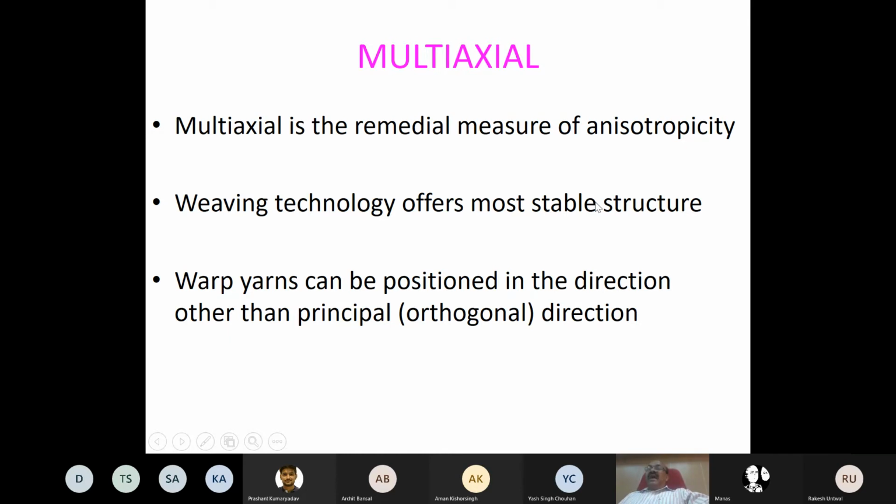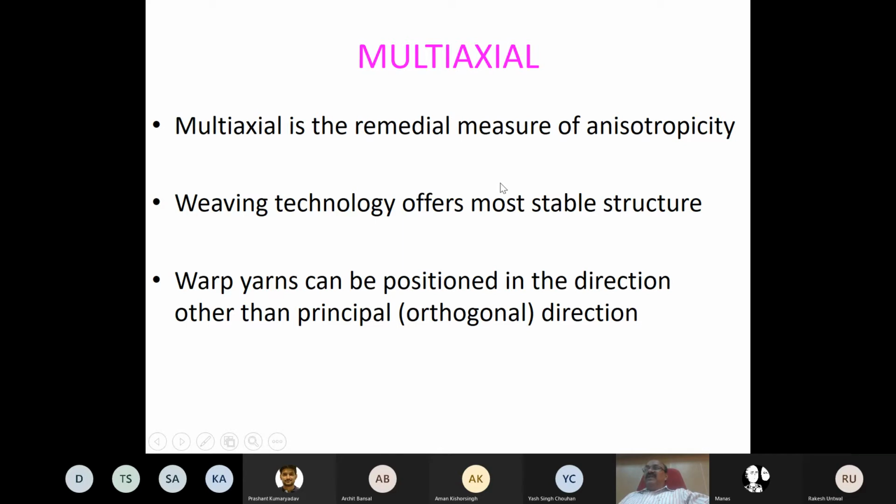I can explain some points here also on stability. In a normal fabric, what happens at interlacement points? Warp is just sitting over the weft. So if you apply a shear force, a tangential load at the edge of the fabric, the yarn gets sliding, because crossover points are not welded points.